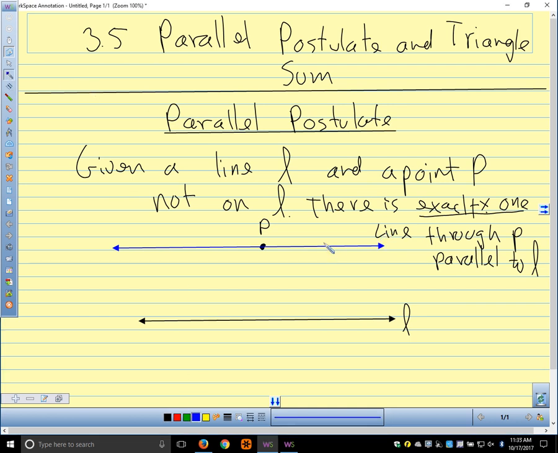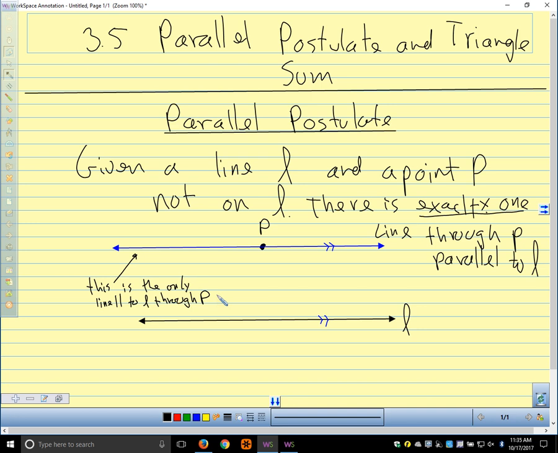And what the parallel postulate is telling us is that this line is the only one that goes through P that's parallel to L. That's the only one. There's no other way that I'm going to get another line to go through that point parallel to line L. That's our parallel postulate.